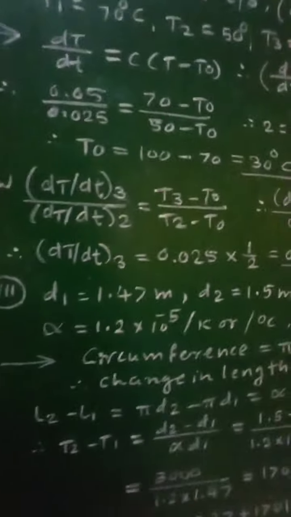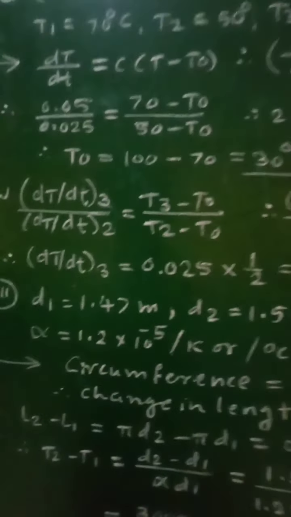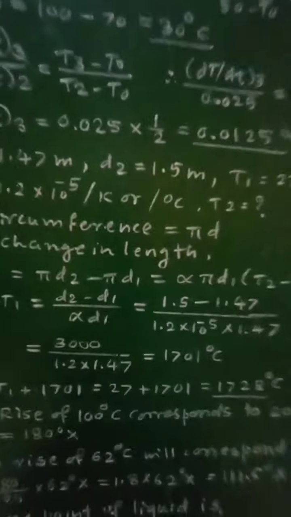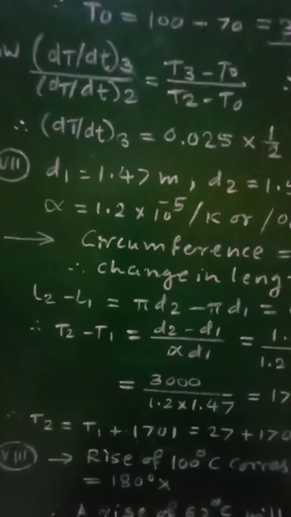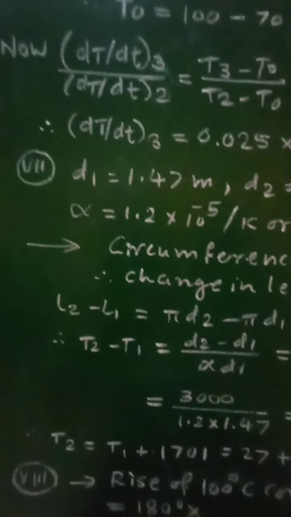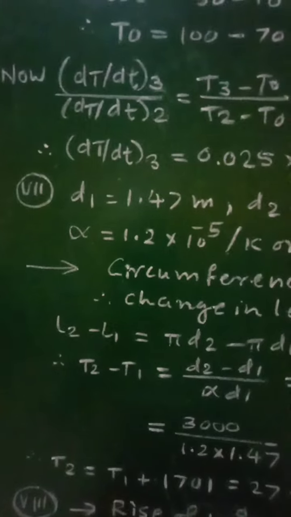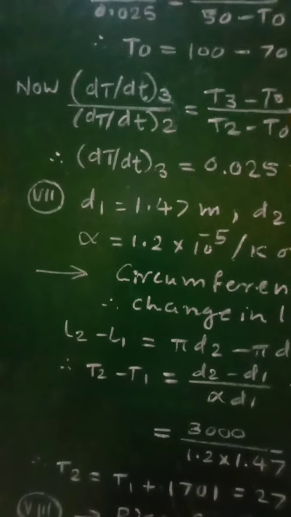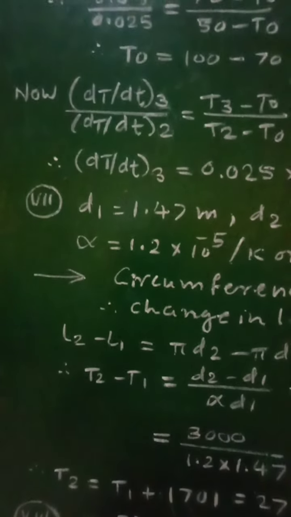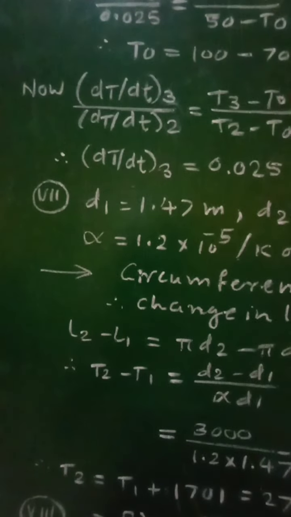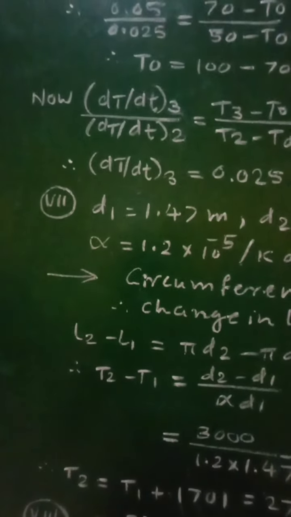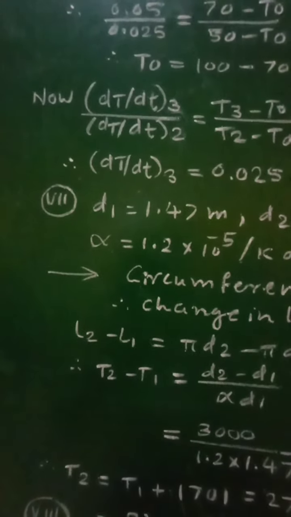Then we will go for the next numerical, numerical number 7, which is given as: a blacksmith fixes an iron ring on the rim of the wooden wheel of a bullock cart.